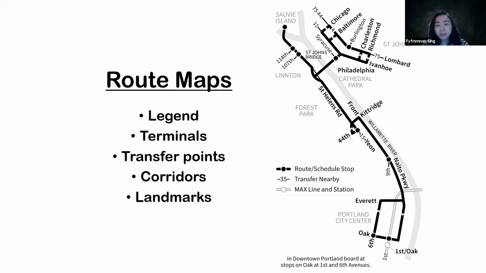If we look at the legend again, we see the label of transfer nearby. And so that tells us that we can transfer, for example, to the 15 at 44th and Yeon. If you look in the center of the map, or maybe the 75 or the 11 or the 44, right? So you see a bunch of different possible transfers that we can make.